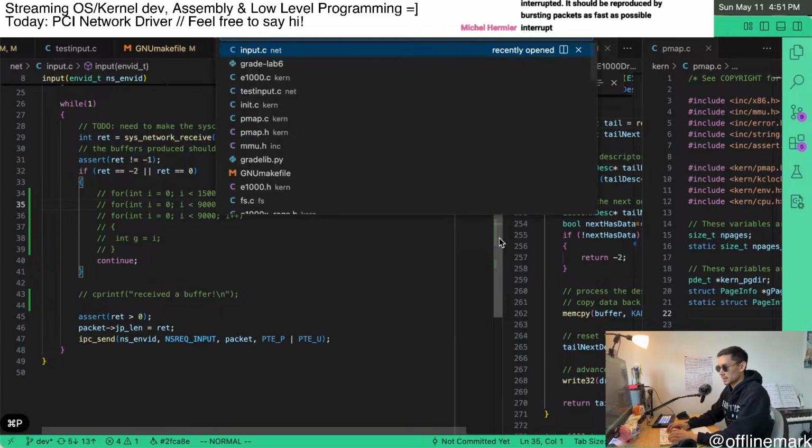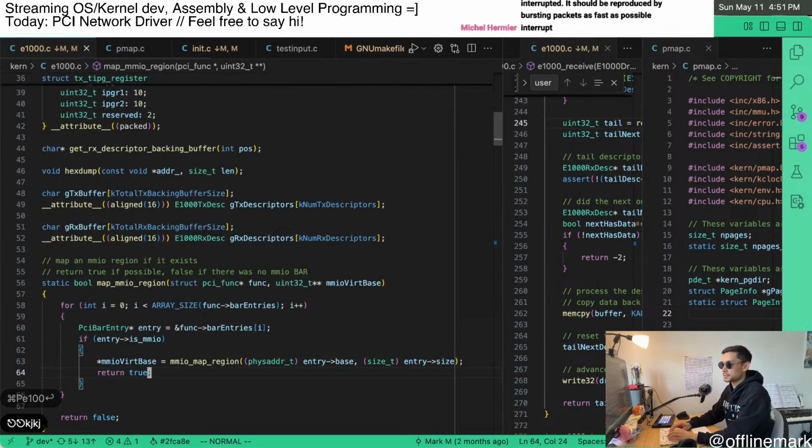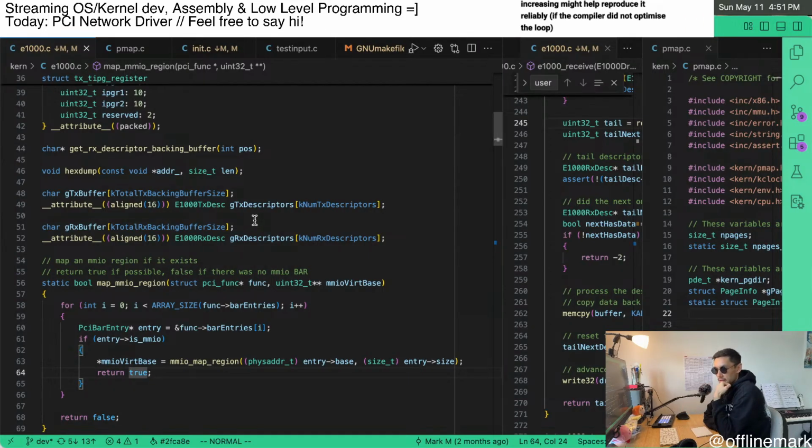Which is interesting. Instead of reducing the loop count, increasing might help reproduce it reliably. I think I probably did not optimize the loop. Interesting.